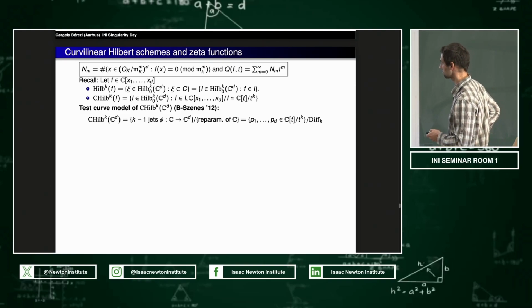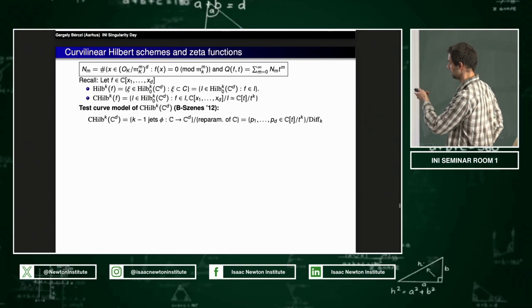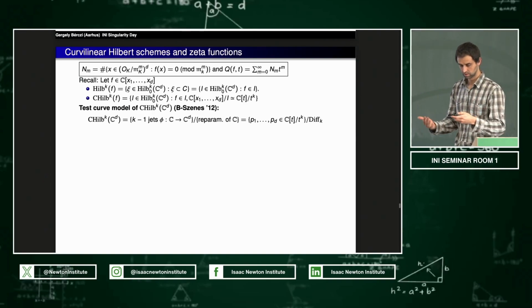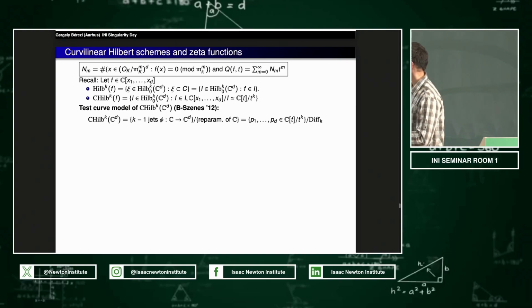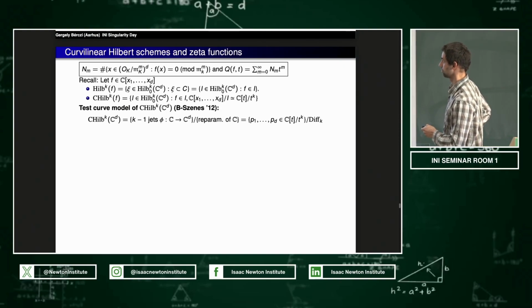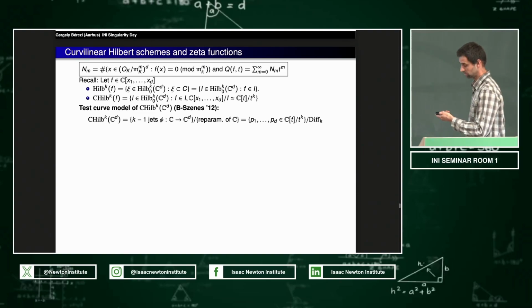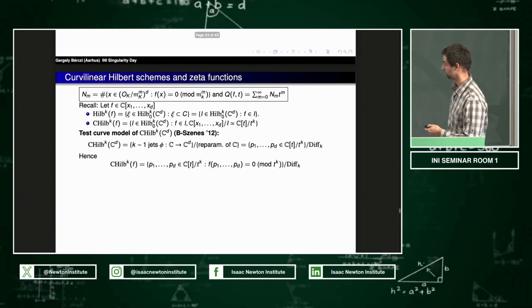The Terracini model for these curvilinear Hilbert schemes on C^d says that curvilinear Hilbert schemes are the subschemes which are contained in a smooth jet. In other words, a point here can be described as a (k-1)-jet from C to C^d, quotiented by the reparameterization group of C. Sometimes it is a non-reductive quotient.